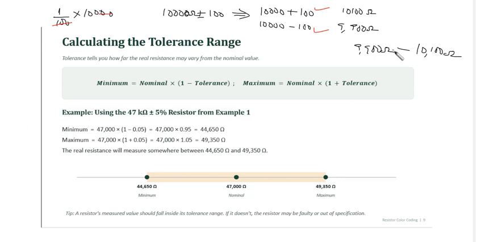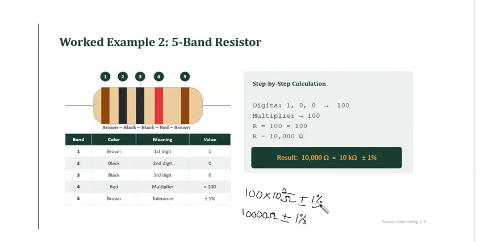This is the range of values, and this is what we call the tolerance range. There's a lower limit and an upper limit, the minimum value and the maximum value, based on the tolerance value, and you get the tolerance value from the last color band.